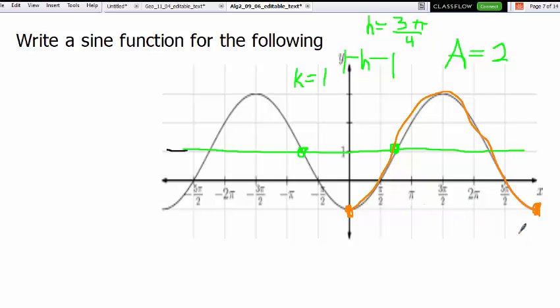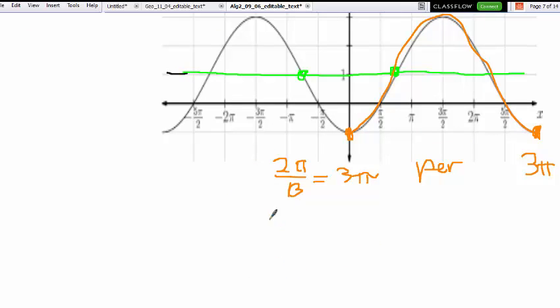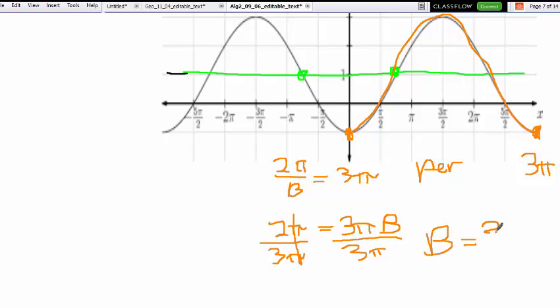Pi, 2 pi. This guy that is not labeled is actually 3 pi. That is the period. So since the period is 2 pi divided by b, cross multiply, the b's got to come up. And that means I need to divide both sides by 3 pi. Pi cancels, and b is 2/3.